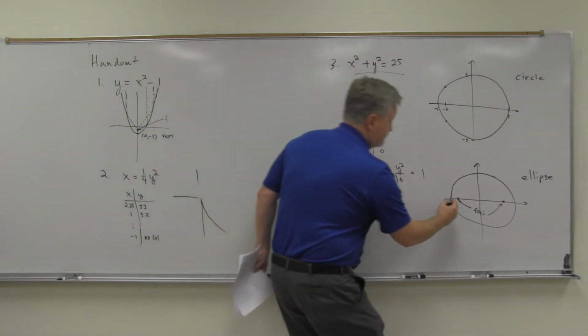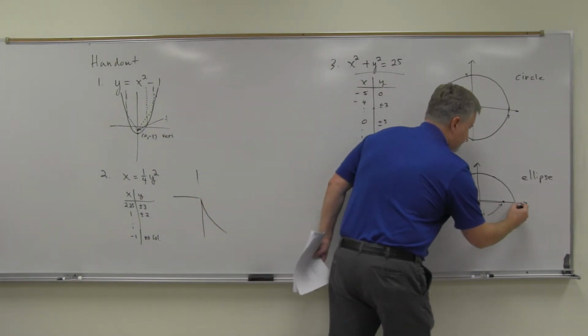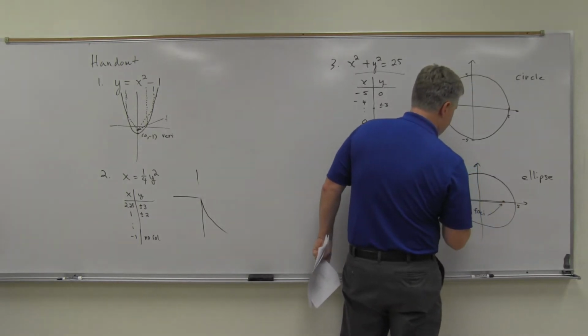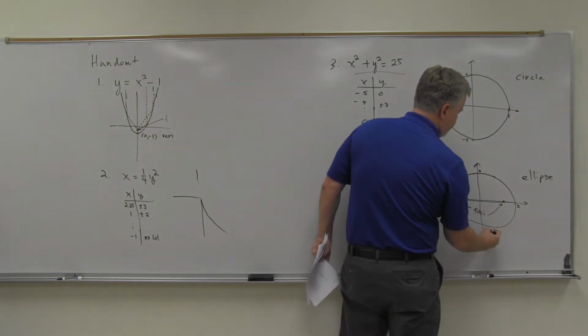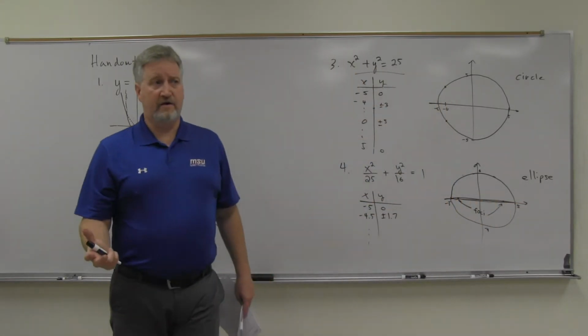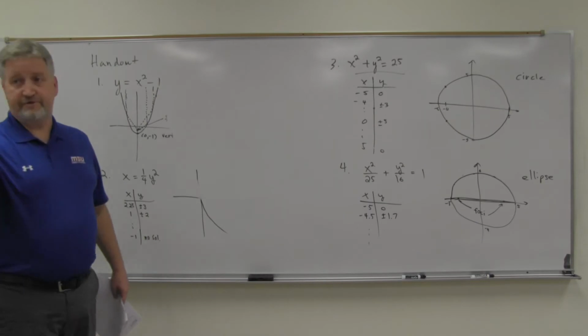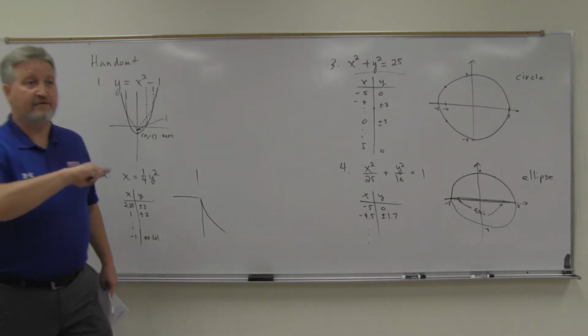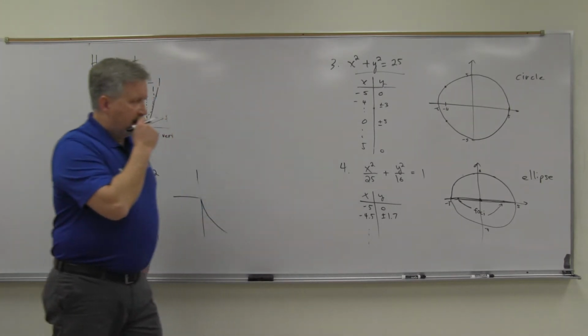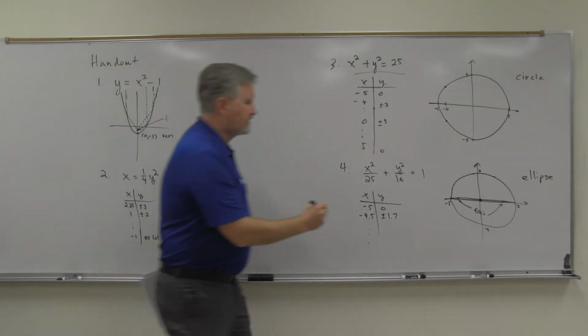I've got this axis from -5 to +5, and this one's +4 to -4. So that longer axis is where the foci are located on an ellipse, and there are 2 of them, one on either side of the center, which in this case is 0, 0. So those are the foci.